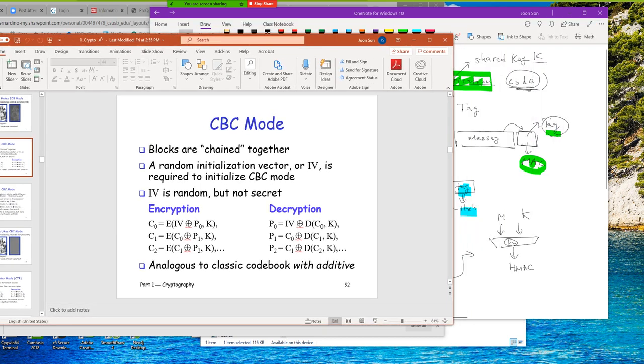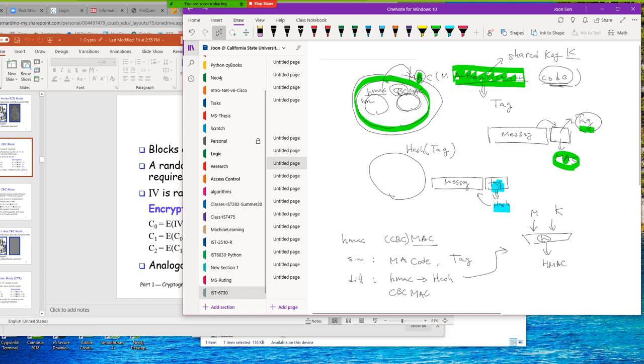So that's the difference. In one case they're using a hash function with a key to generate the HMAC value. And for the CBC MAC, they're using a symmetric key encryption algorithm called CBC, right?